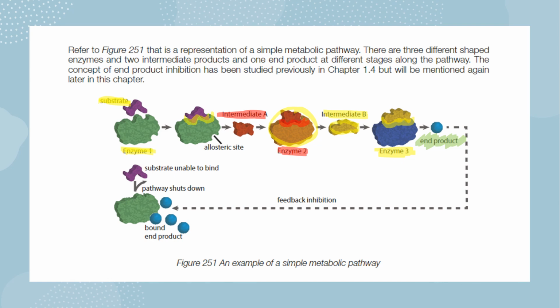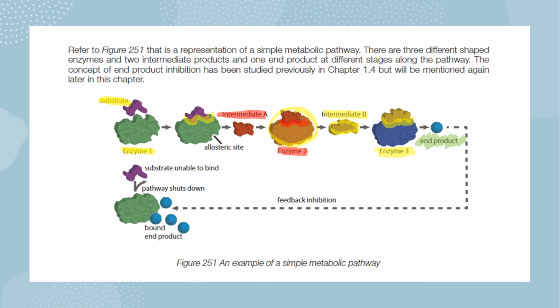All right. Something that's really important to note is if one of these enzymes weren't working properly, then the metabolic pathway would be cut off or wouldn't be able to continue. All right, and that's because of the specificity of each enzyme to the reaction it catalyzes.